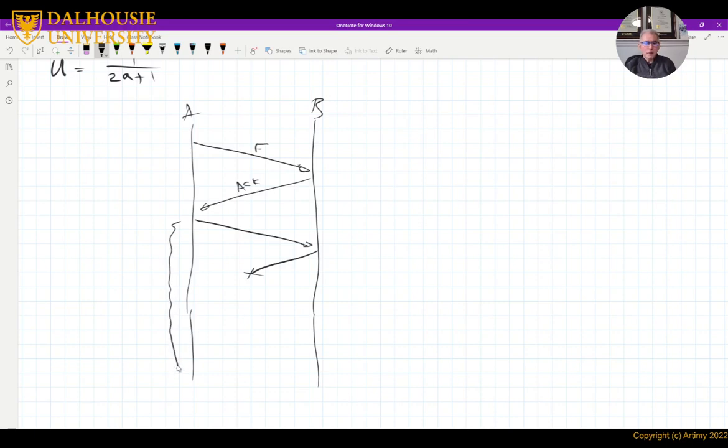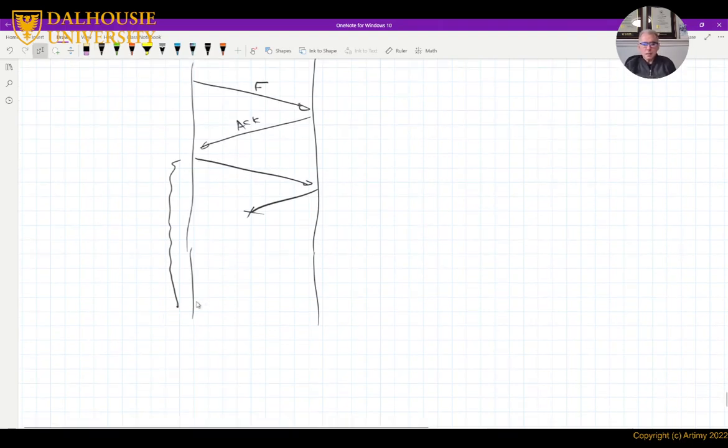A waits for a certain time and then sends the frame again. Okay, so now we have another problem. For B, when it receives the frame for the second time, how does it know if this is a duplicate frame or a new frame?